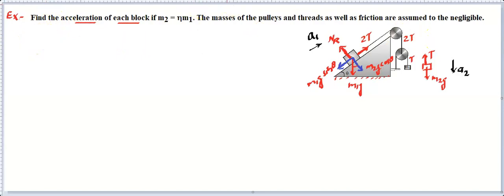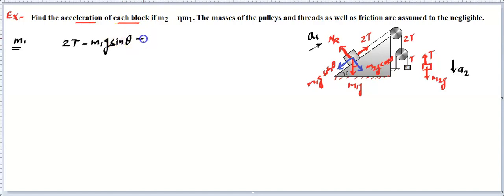So let me write equations for m1. In the direction of acceleration, how much is the force acting? It is 2T minus, downside, m1g sine theta. This is the net force acting in the direction of acceleration, right?